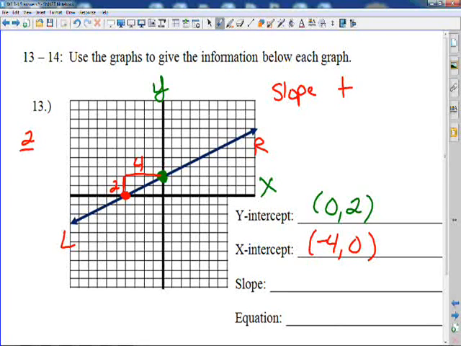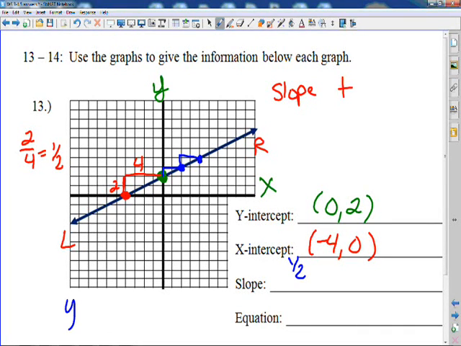Well, 2 over 4 is 1/2. It reduces to 1/2. You can also check it by starting here at the y-intercept and going up 1 over 2, put a dot. Up 1 and over 2, put a dot. It matches. My slope is 1/2.